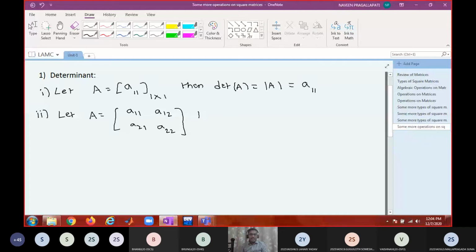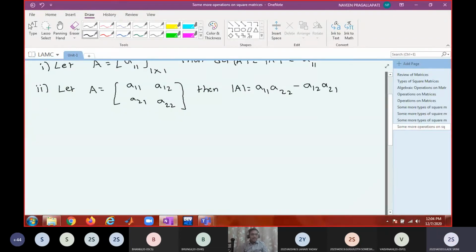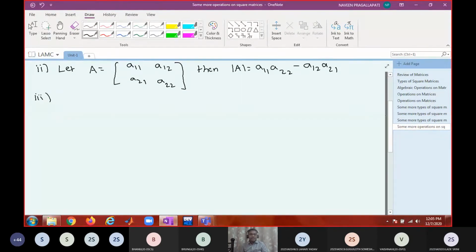So determinant of A is A11 A22 minus A12 A21. Let me write down a 3 by 3 matrix and then generalize to n by n matrix. Just be patient enough.